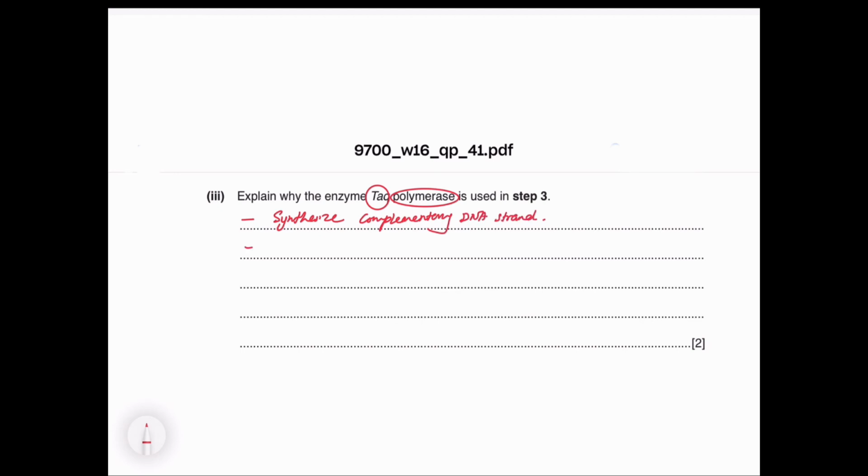And then the next thing will be, why must it be Taq polymerase? So the Taq actually comes from a bacterial name, where the bacteria survives in the hot spring. Therefore, this enzyme has a high optimum temperature and is heat stable, or you can call it thermal stable.